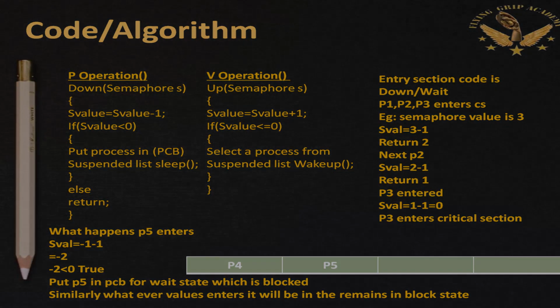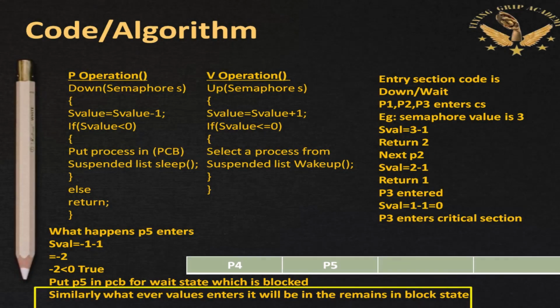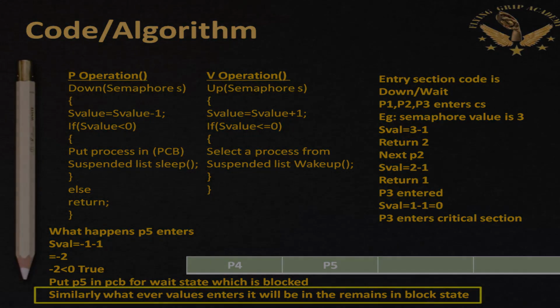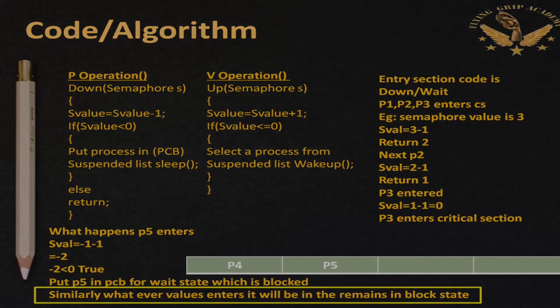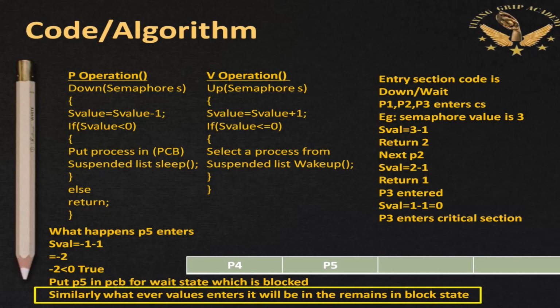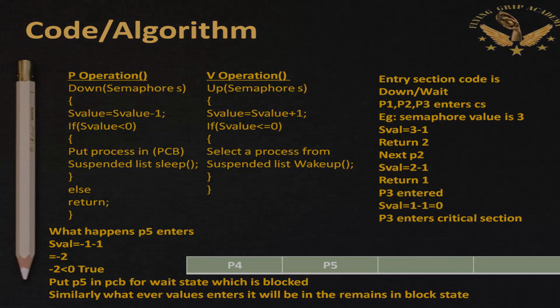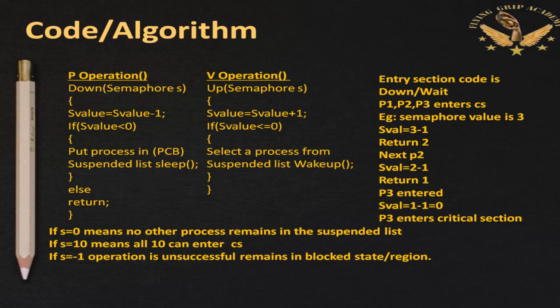Similarly, whatever processes enter beyond the 3 will remain in the blocked state. Its value is 3, so only that many can enter; the rest go to the PCB only, in the blocked state.